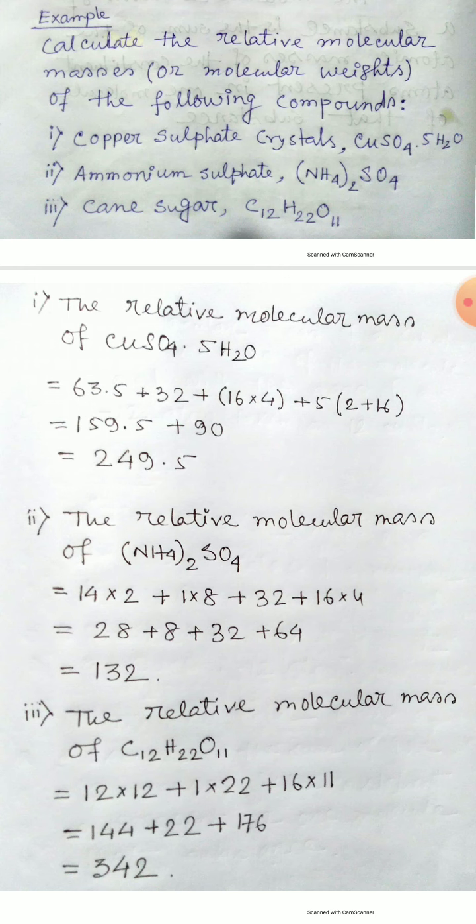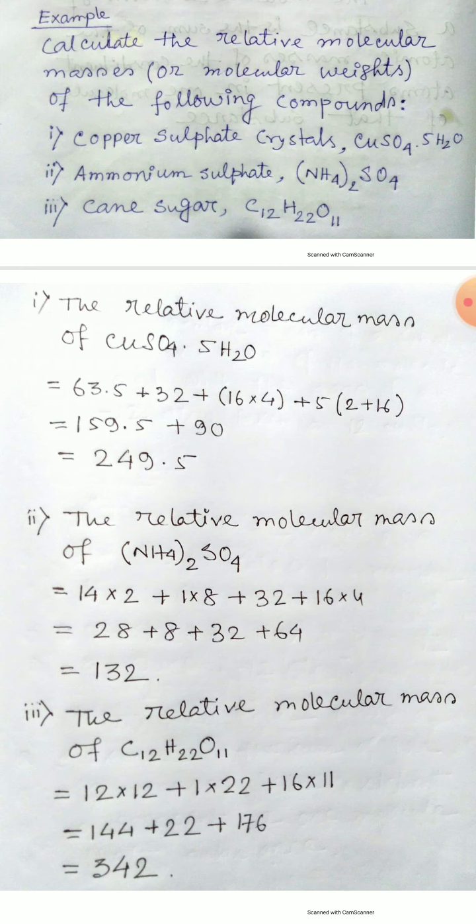First example is copper sulfate crystal, CuSO4.5H2O. In this example, you can see there are one copper atom, one sulfur atom, four oxygen atoms, and 5H2O molecules. We know that atomic mass of copper is 63.5.